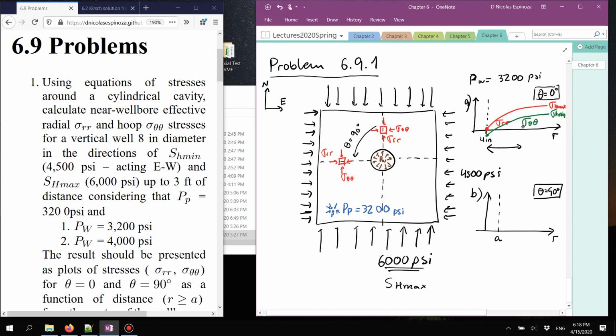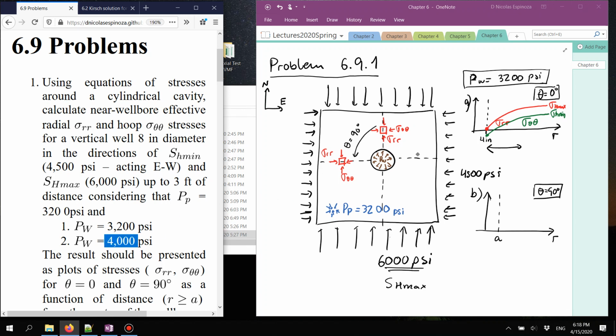It's just going to be a few radii of the wellbore, and the objective is to get to know how many. If it's 2 radii, 3 radii, 10 radii, that's what I'd like you to observe and get out of this problem. And then you should repeat the same thing, but now for pore pressure equal to 4,000 psi. All right, so this is problem 691.